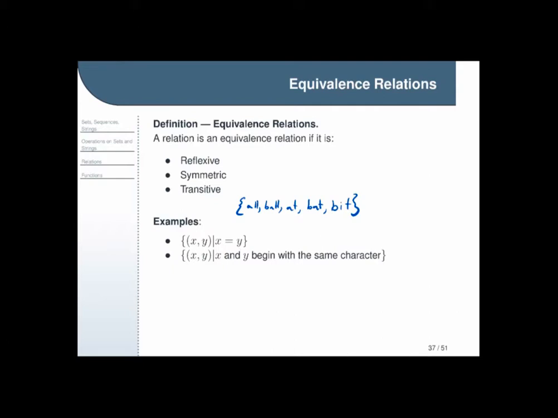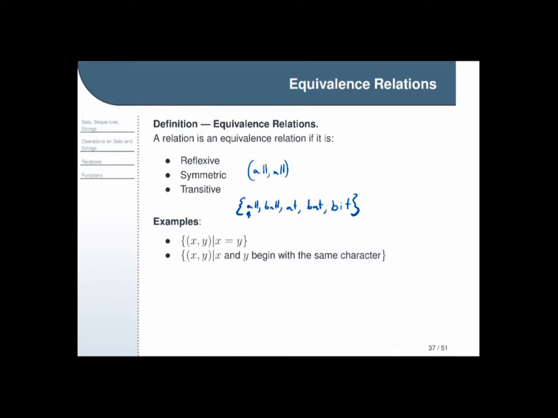So is it the case that this is going to be a reflexive relation? Well, if I look at the strings in it and I say, okay, what's related? Well, if they begin with the same character, all, the question I have to ask myself is, is all related to all?